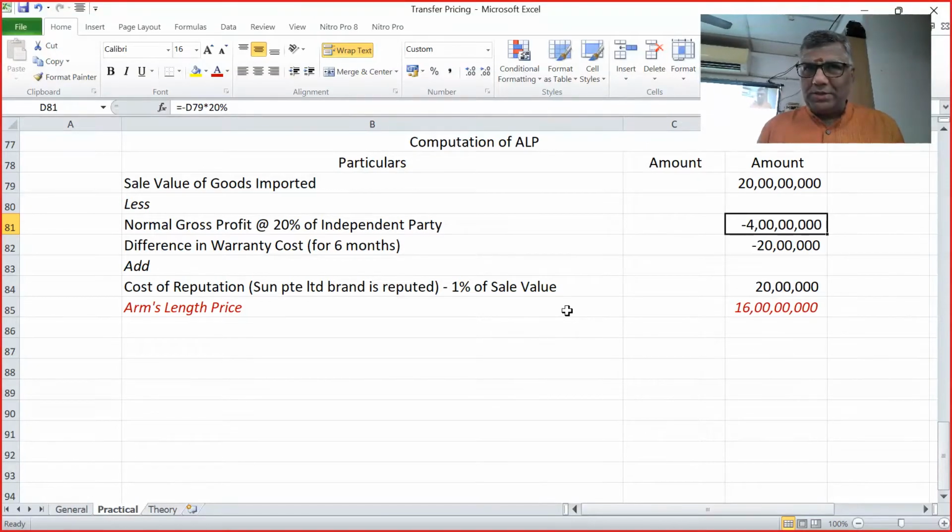I got your question. She asked: if the gross profit of an associated enterprise imported and sold is higher than an unrelated party, will transfer pricing provisions apply? No, they will not apply.